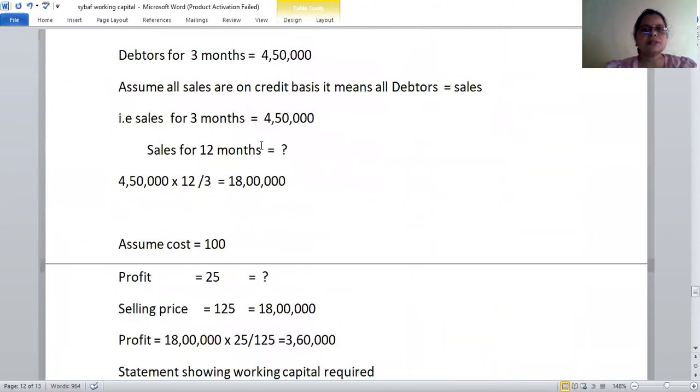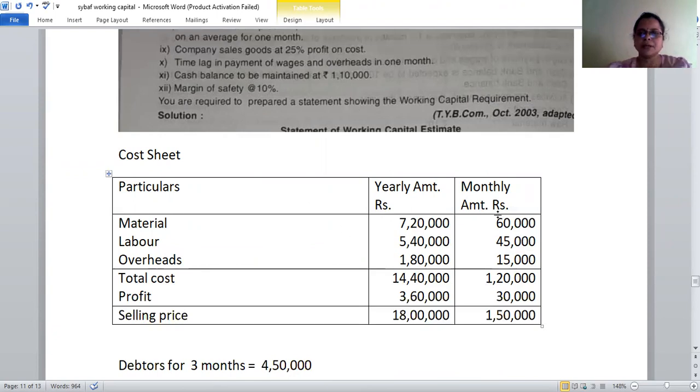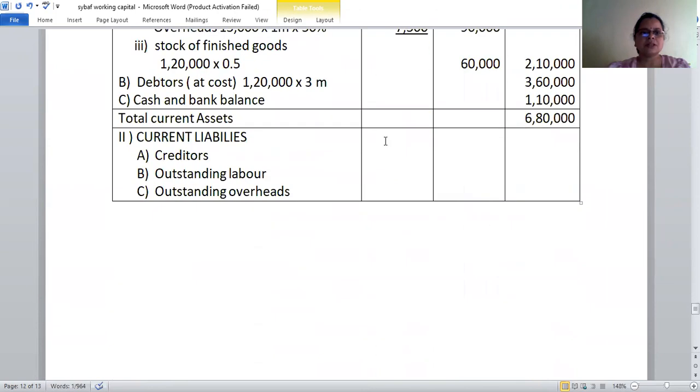Now, creditors means supplier. What information have they given about the supplier? Credit allowed by supplier is 2 months and the supplier relates to the material. Material for 1 month is 60,000. So our creditors will be 60,000 into 2 months, that is equal to 1,20,000.